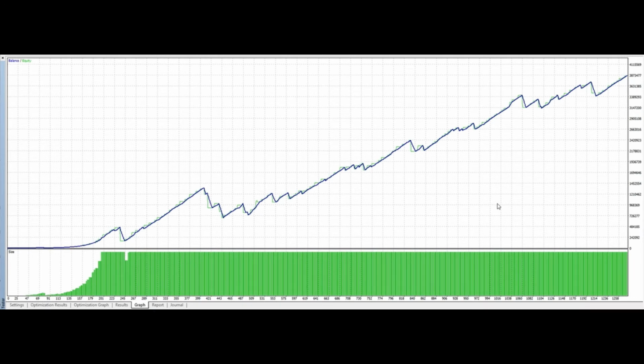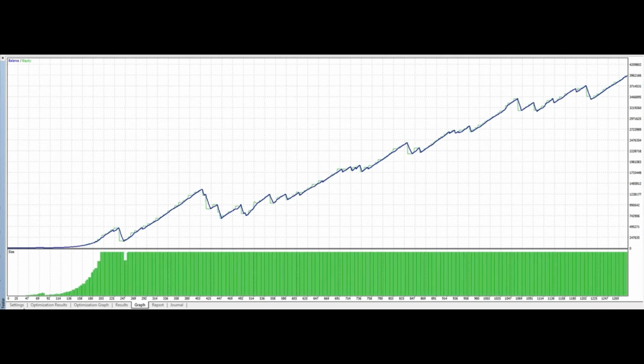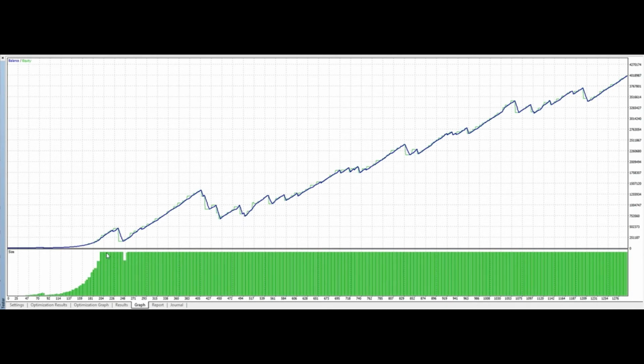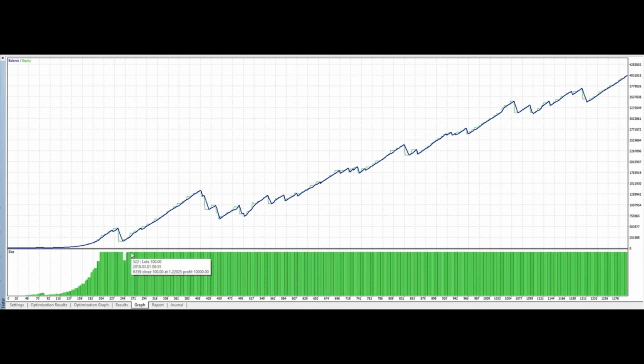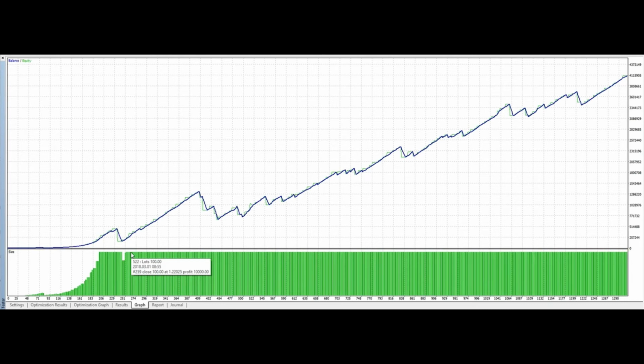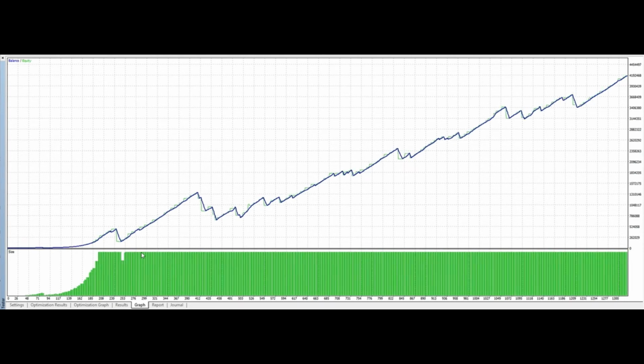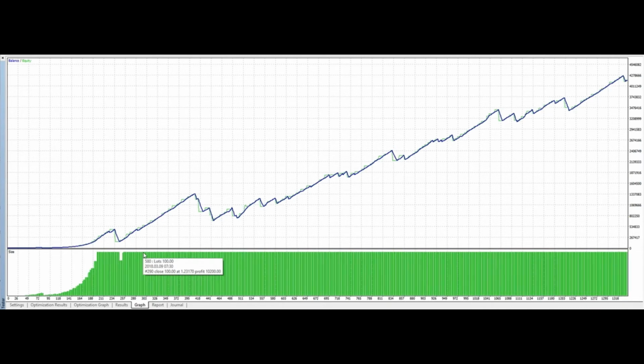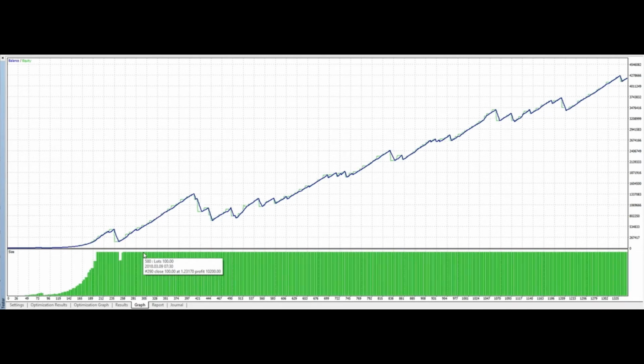And let's see where it's progressed. Actually, I've noticed here that it flatlines in terms of the size and number of lots, 100 lots. Yeah, and I put a limit on 100 lots, but depending on your broker, it could be a lot higher.